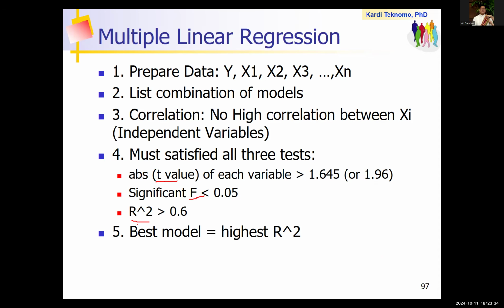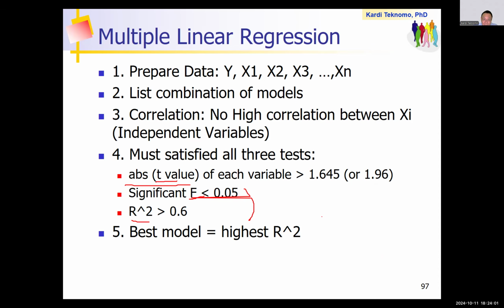Sir, this is assuming linear models for each variable. Yes, this is assuming a linear model. The F and R square are for the whole model, while the absolute t value is for each variable.